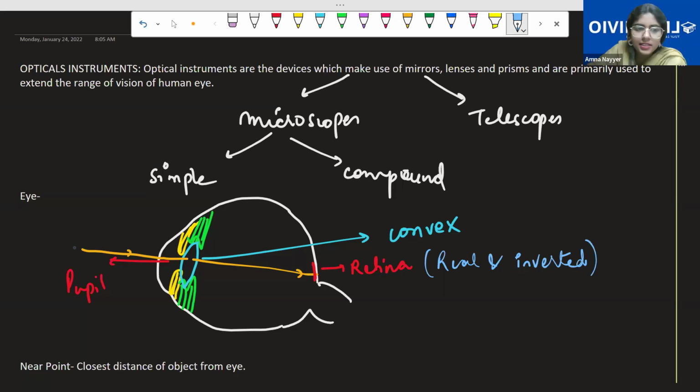What is required in physics is that the light ray enters the lens, refracts, and a real and inverted image is formed. Further, the optic nerve takes this through to the brain. Sensory associated areas in your brain perceive the inverted image as erect. That's why we are able to see everything erect.